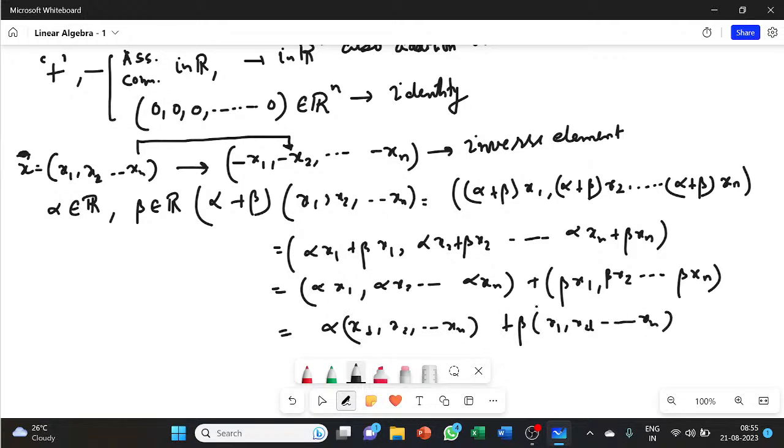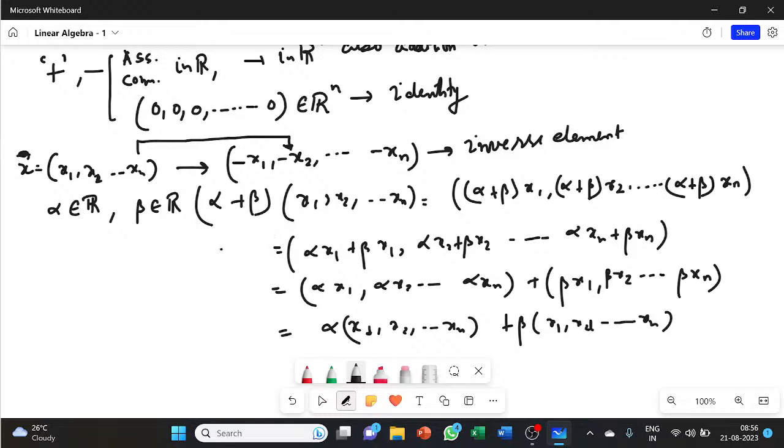So clearly you can see that your scalar multiplication is distributed. Here it is.